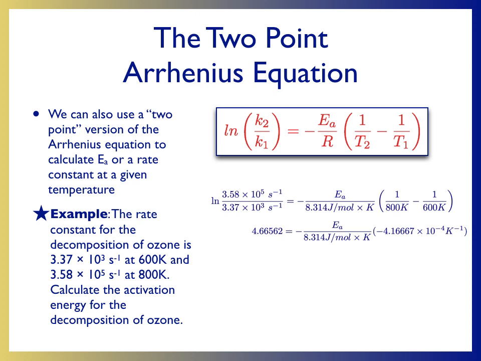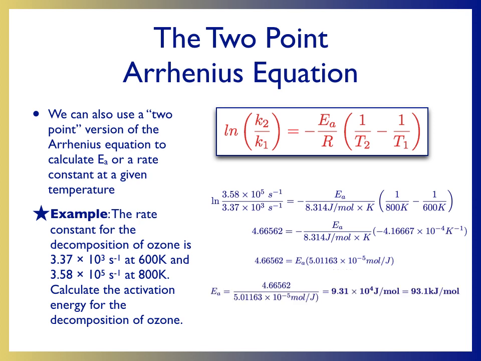So we divide the difference between the 1 over temperature by R, yielding our third line. To get our activation energy, we divide the natural log of the ratio between the rate constants by the number on the right.